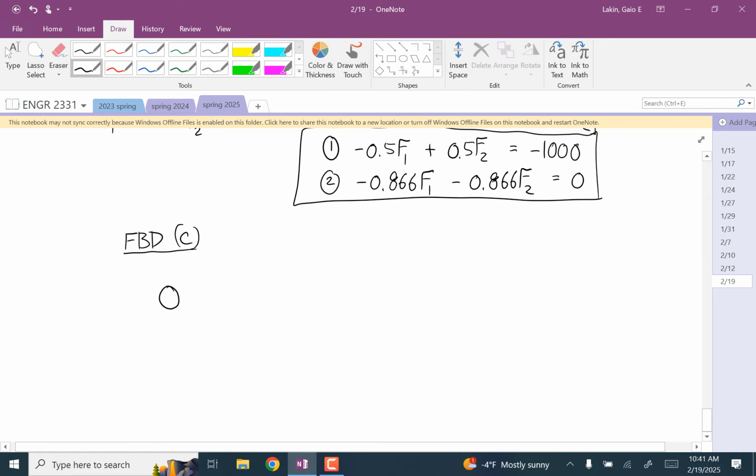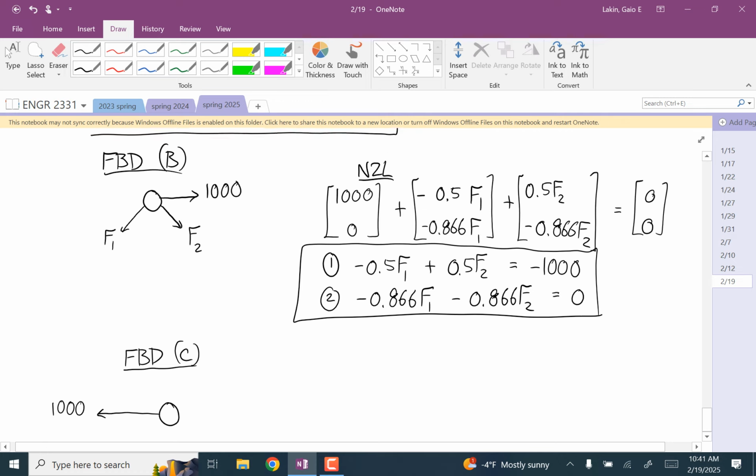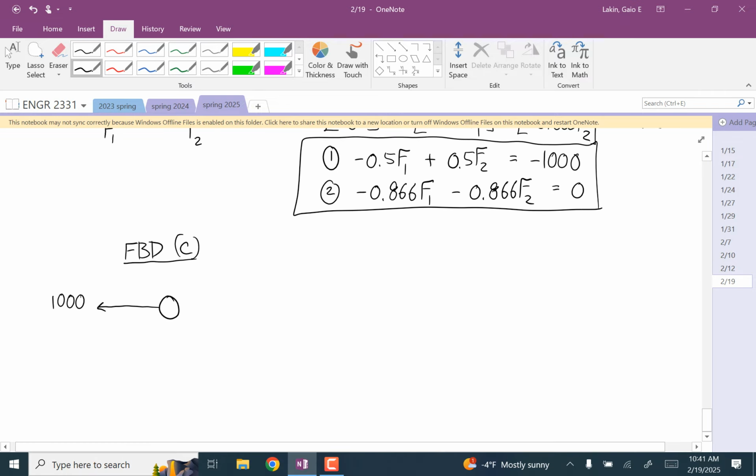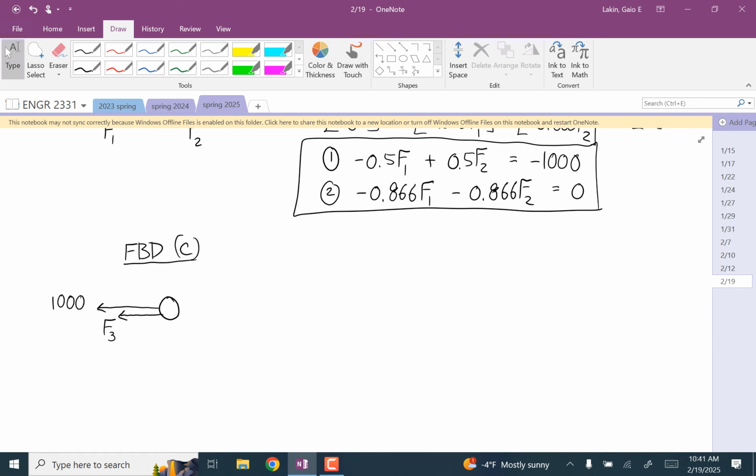So that one we have 1,000 Newton force this way. We have F3 also pulling this way. And we have F2 pulling this way.